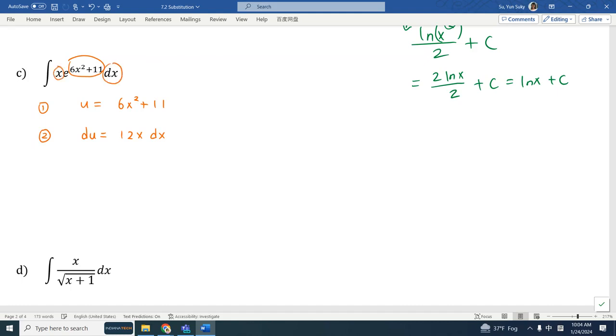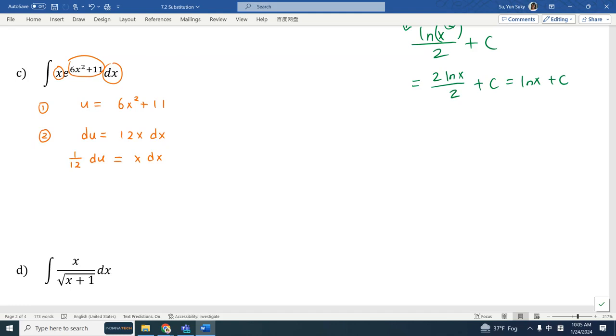But do you see here? We don't have the 12. We only have x dx. So x dx is how many du? We divide both sides by 12. So this is 1 over 12 du.